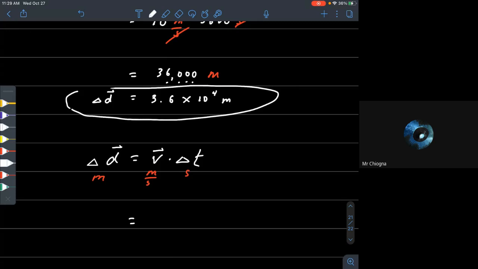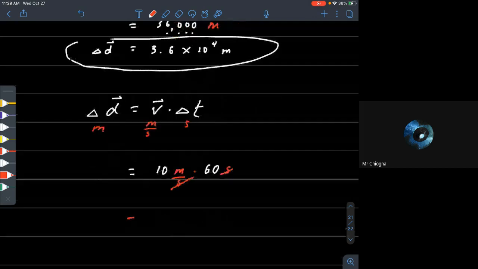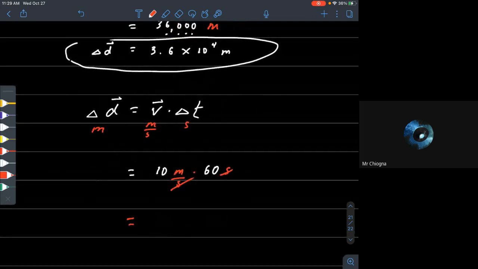So 1 minute, 10 meters per second. And 1 minute, which is 60 seconds. Seconds again cancels out, giving us what we expect. Meters. And 60 times 10 is 600.